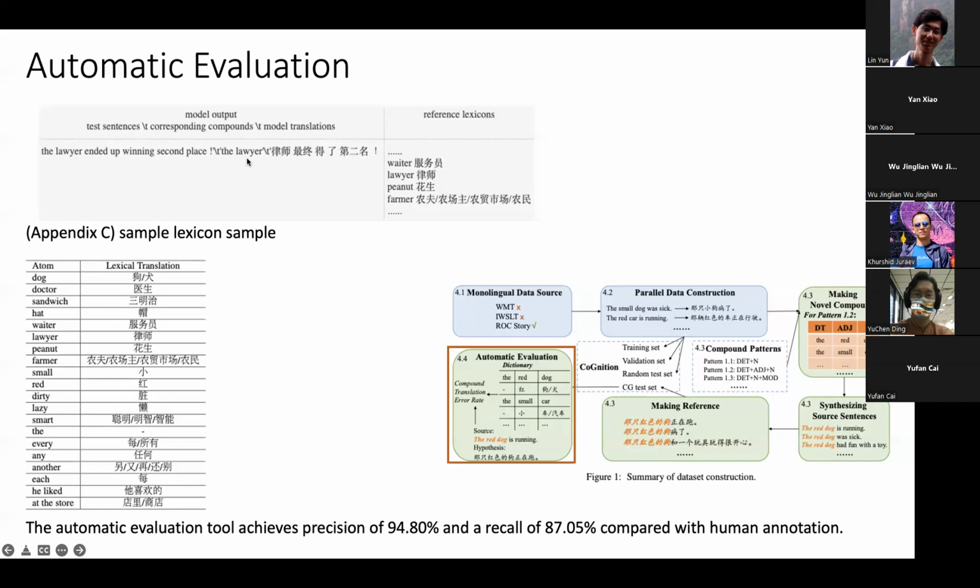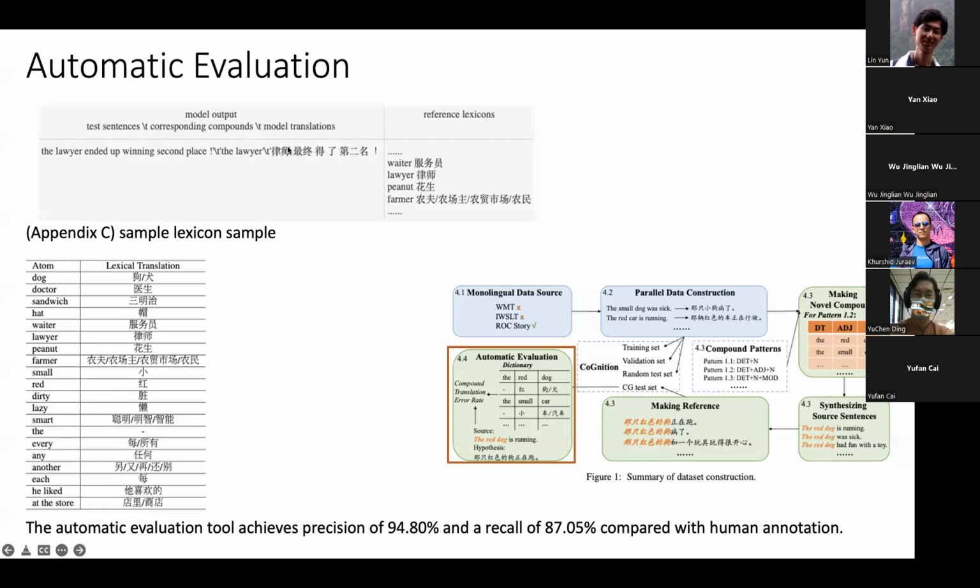And the compound is the lawyer, and the translation is the Chinese 律师, whatever. So given a sentence, we identify the lawyer and see whether the Chinese translation of lawyer appears in the results. Is that the case? So what is the evaluation task?